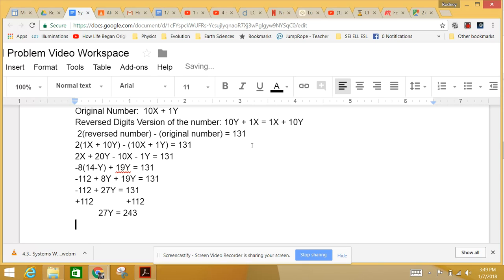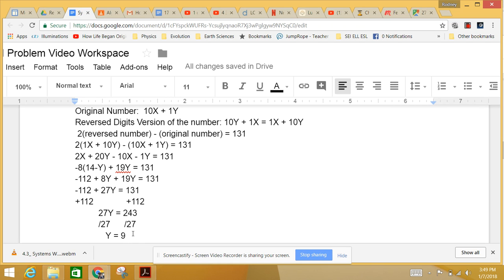So I'm going to divide both sides by 27. And y will equal 9. 9 times 27 equals 243. You can check this out. 9 times 7 is 63. 9 times 20 is 180. 180 plus 63 is 243.